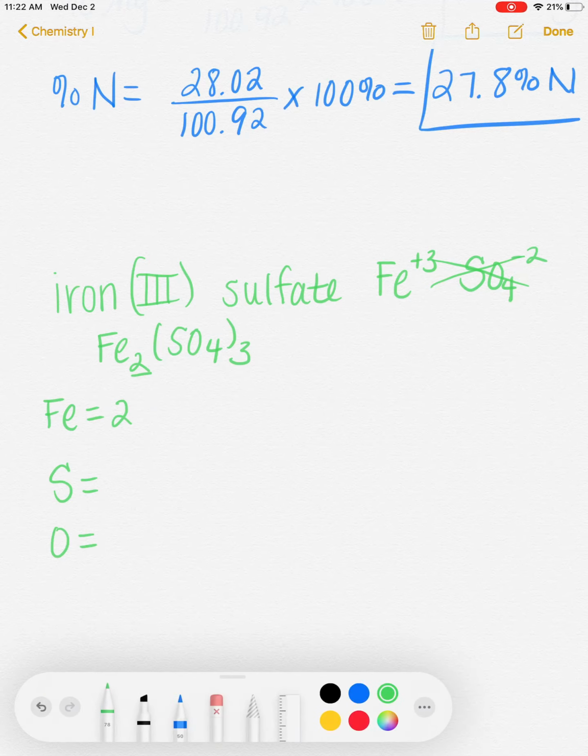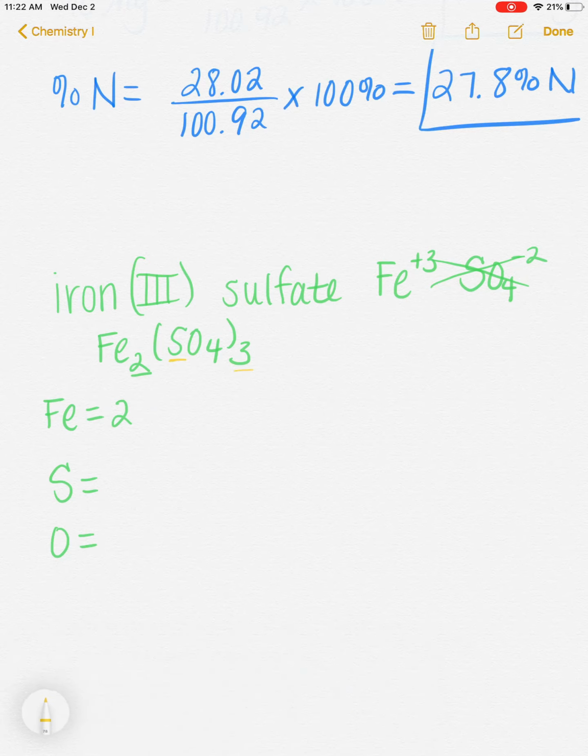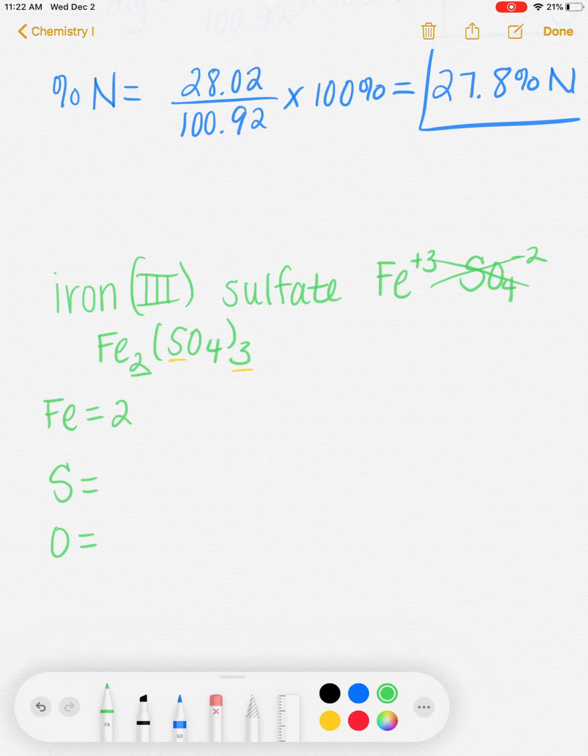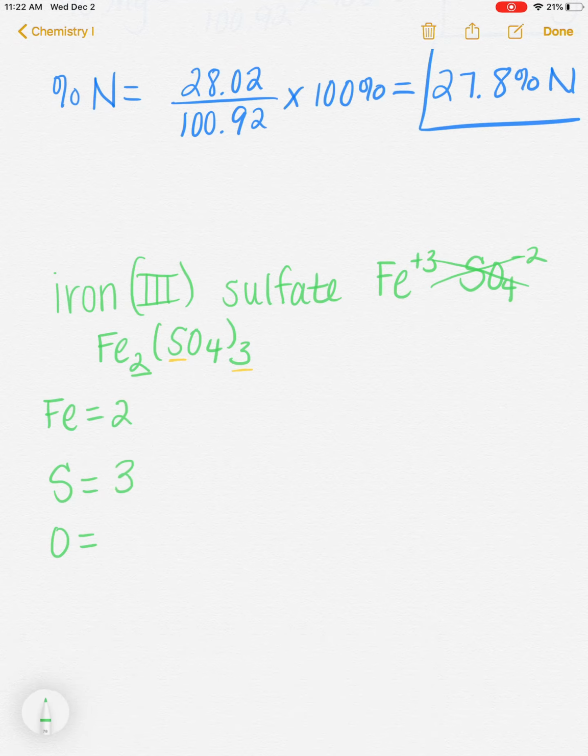To determine how many sulfurs there are, we must first look that there's 1 sulfur in sulfate, but we have this 3 outside of parentheses. So outside of parentheses, that means that there's 3 times the amount that's inside of those parentheses. So 3 times 1 tells me that there are 3 sulfurs. For oxygen, I'm going to do the same thing. I'm going to take 3 times 4, and 3 times 4 is 12.